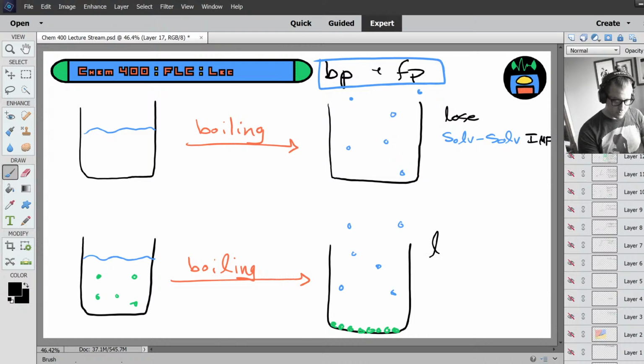And so when you boil off the solvent of a solution, you're losing the solvent-solvent interactions, and you're losing the solvent-solute interactions.